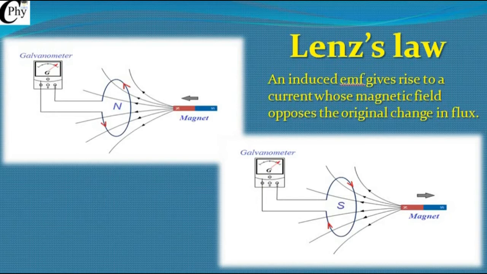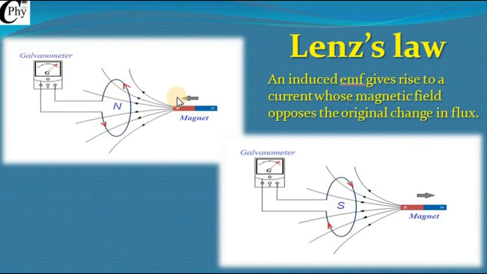Now suppose you are moving the north pole of a magnet towards a coil which is connected to a galvanometer. As you move the magnet, the number of magnetic field lines passing through this coil, that is, the magnetic flux, is also changing. In this case, the magnetic flux increases.